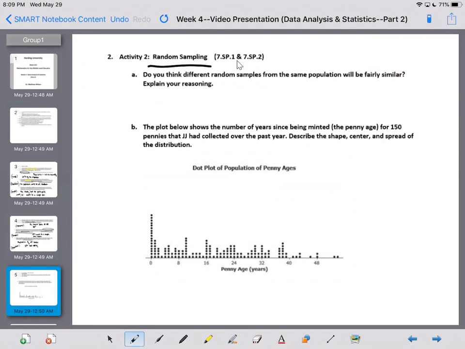But remember, random kind of eliminates some of the bias, and it eliminates giving precedent to one or more groups of people or whatnot when you're just choosing people or objects or whatnot from a pool of total.